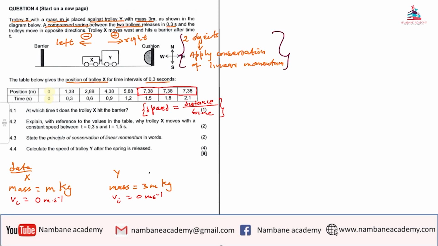It is now 7.38, 7.38, 7.38. What is this saying to me? It says X has reached the barrier and it is no longer moving forward, because the position is no longer changing.